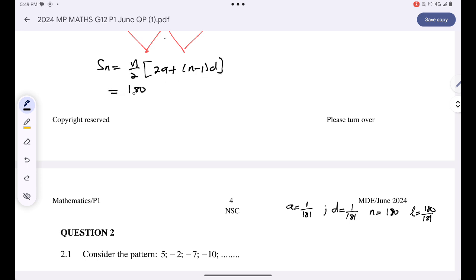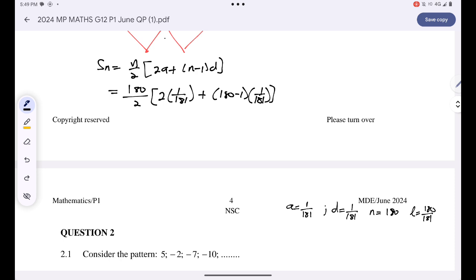That's 180 all over 2 multiplied by 2 times 1 over 181 plus 180 minus 1, and then the difference is just 1 over 181.